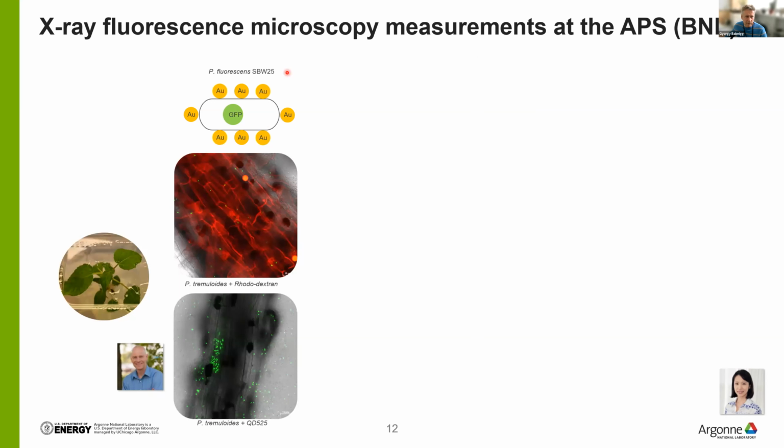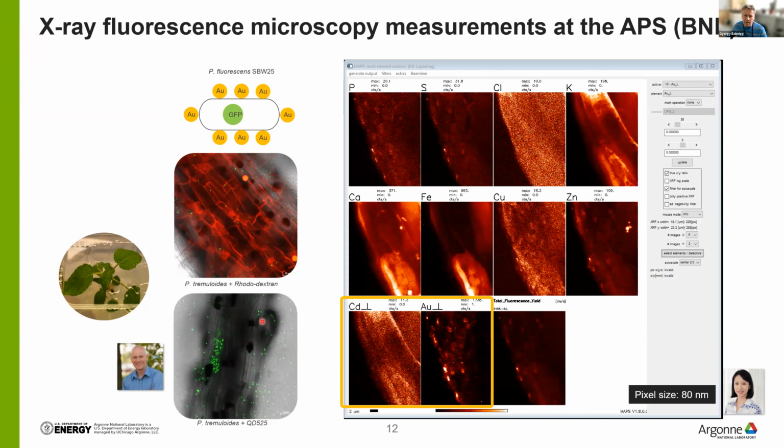So again, we had our cells, and in this case, we also showed that they were colonizing the poplar seedling. So now we have a poplar seedling, a root that is labeled with quantum dot, and Ken was talking about the nature of these labelings. And what she was able to see is, so here's the root surface.